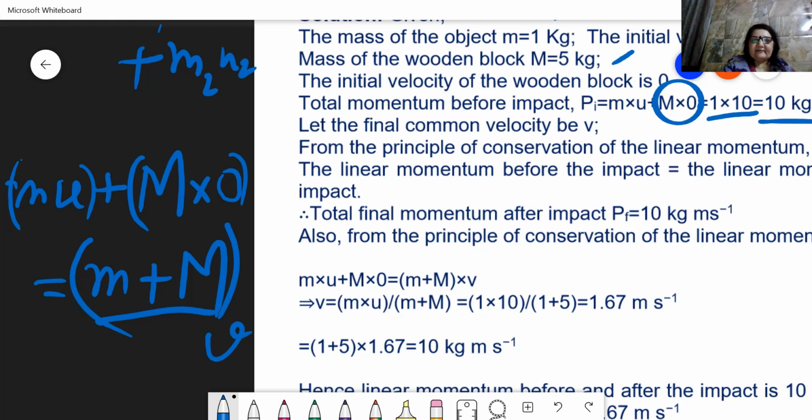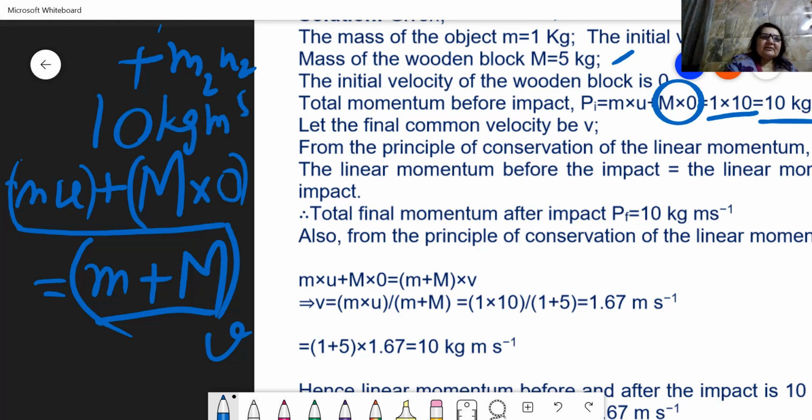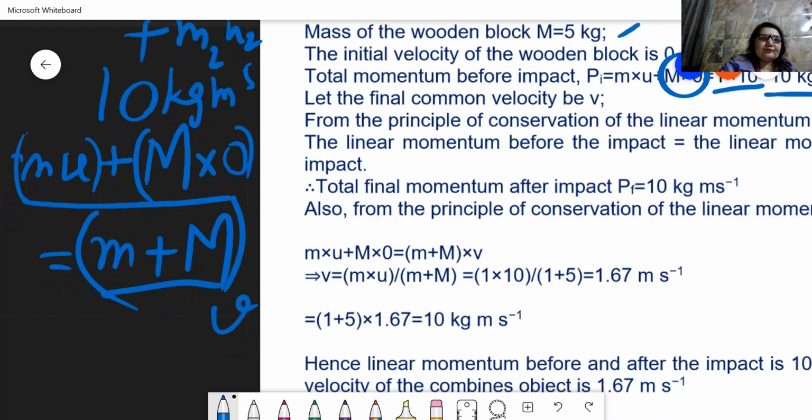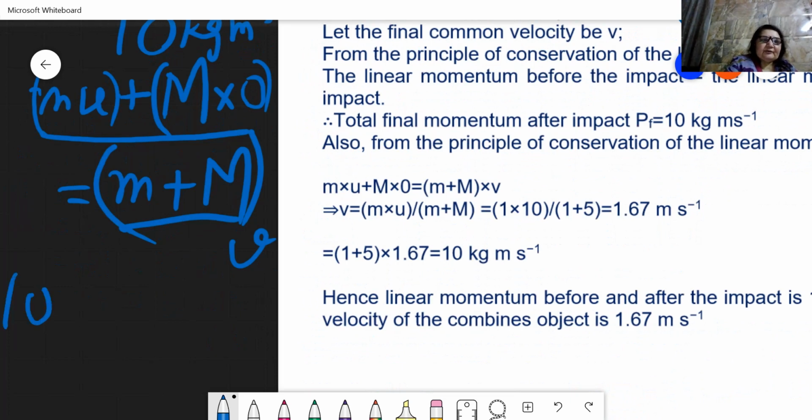Okay, v is the combined velocity. Already we have calculated it is equal to 10 kilogram meter per second. Now we have to use the right hand side. So 10 is equal to m plus M, which is 1 plus 5, multiplied by v.